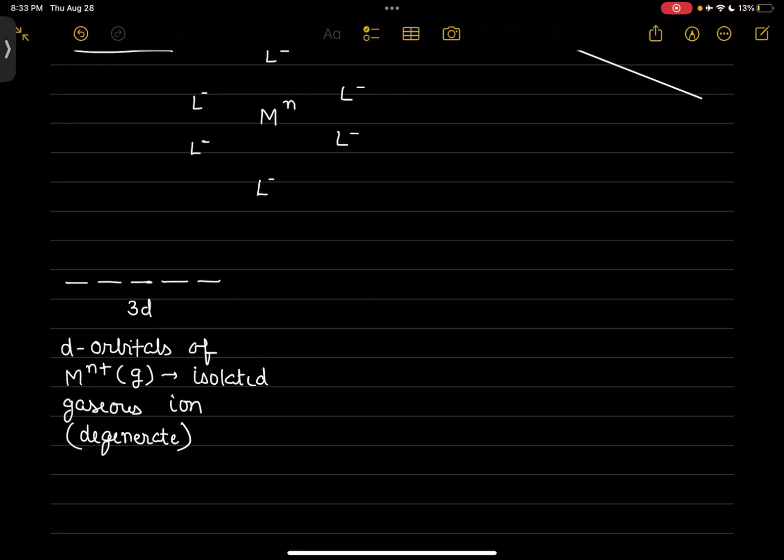But if the metal ion is present in a complex, there you will observe splitting in energy.